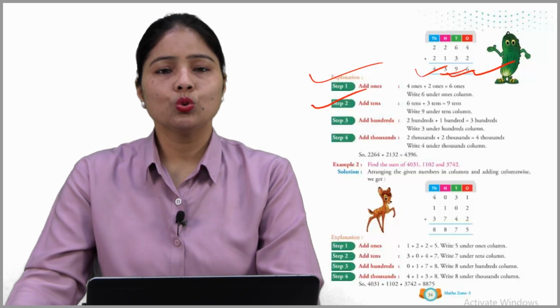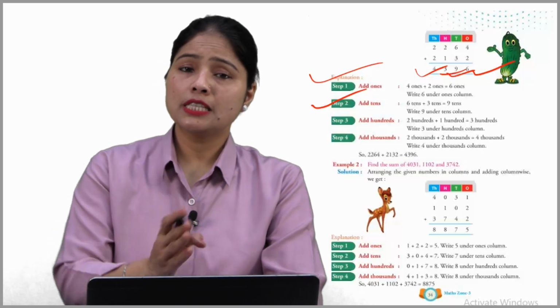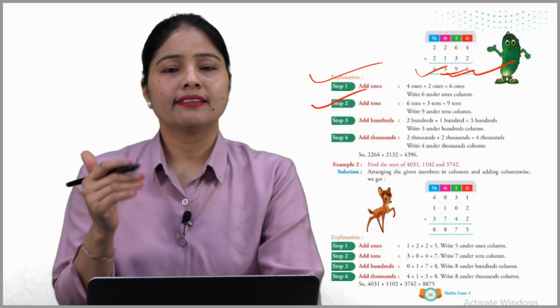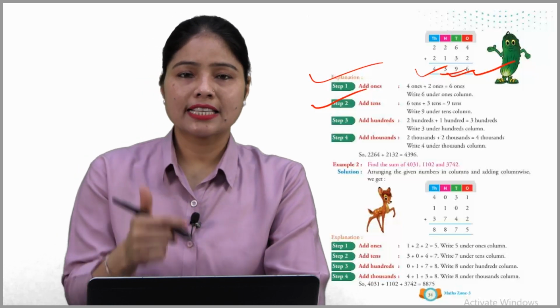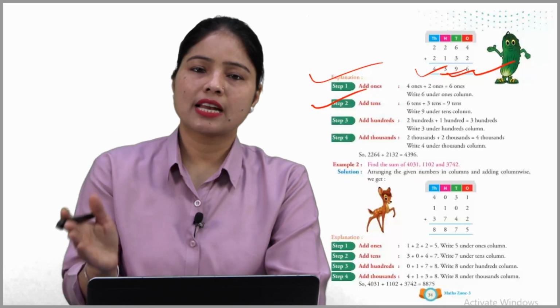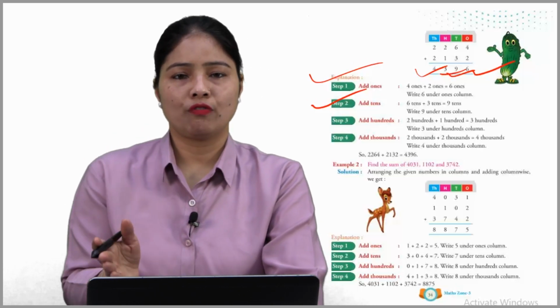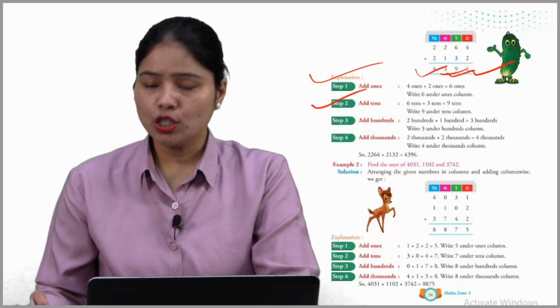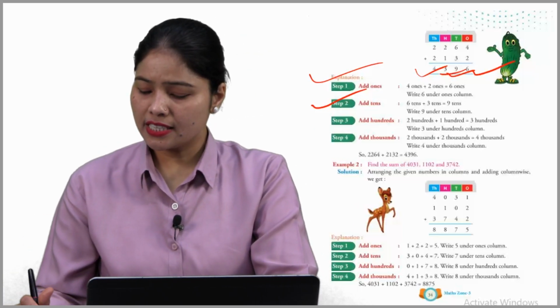Okay, so 2264 plus 2132 is equal to 4396. So this is the example of that one. Okay, how you have to solve? First just write the values column wise and then start with ones place. So this is example number 2. You just read it and you will get the answer soon.